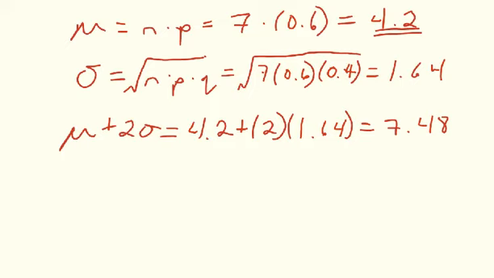So the question was, was 6 an unusual number of people to recognize the brand? If 7.48 is the maximum usual value for the number of people that would recognize this brand, we would say no, 6 would not be unusual.